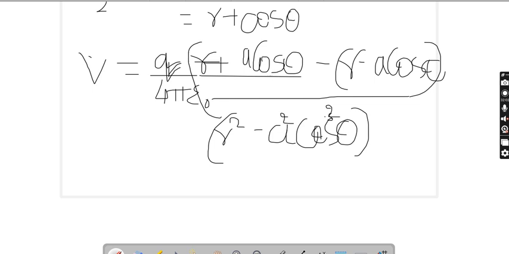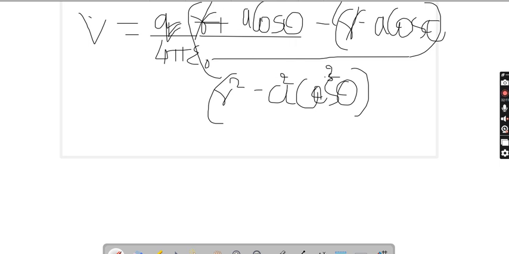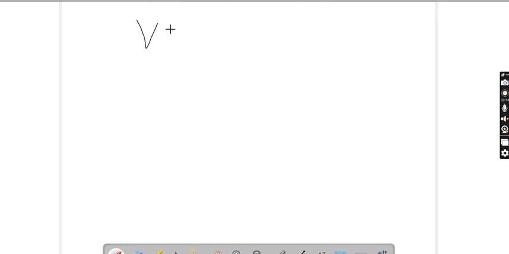So this R and this R get cancelled. Now what will be the potential then?